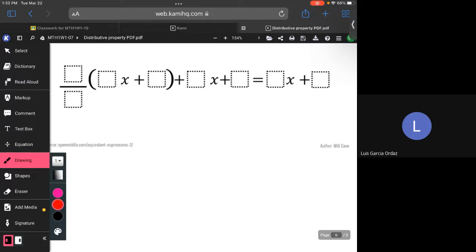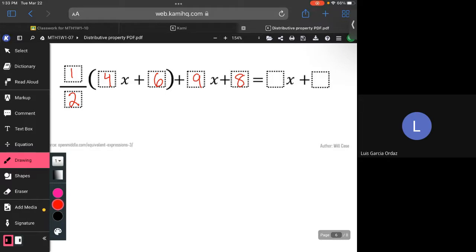Sure, let's make it easy. 1/2. What do you guys want in front of the x? 4. Okay, after the x? Oh, you're choosing easy numbers. 9. Okay, so we have 1/2 times 4x plus 6 plus 9x plus 8.